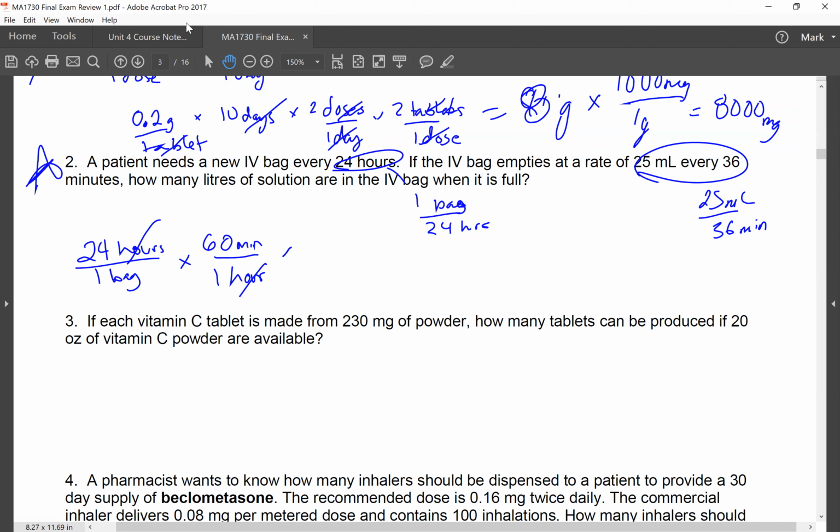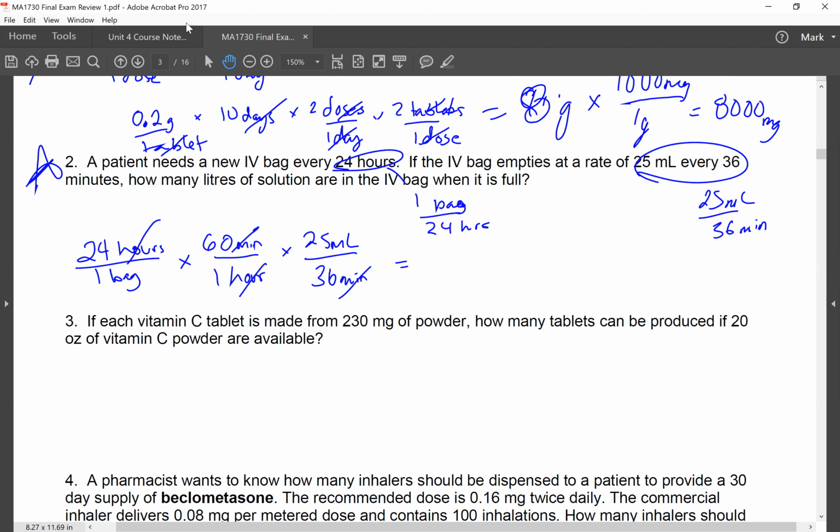Then I'm going to multiply it by the fact that every 36 minutes, 25 milliliters is lost, or not lost but injected. This is an IV, and somebody on test number 1 asked me what IV stands for. It means intravenous. Let's do this calculation and I'll show you what this means.